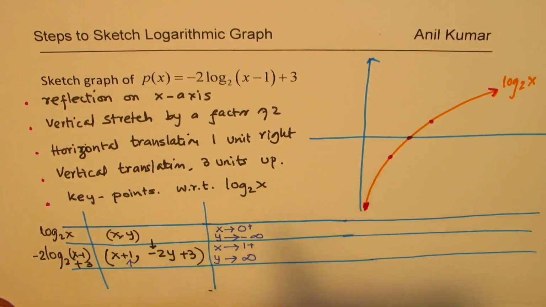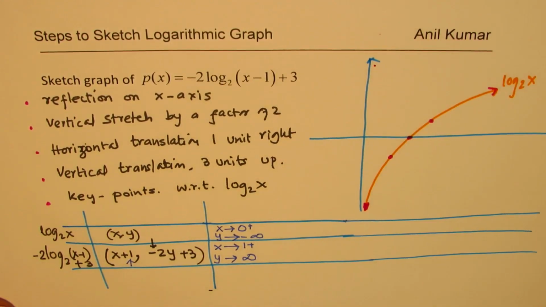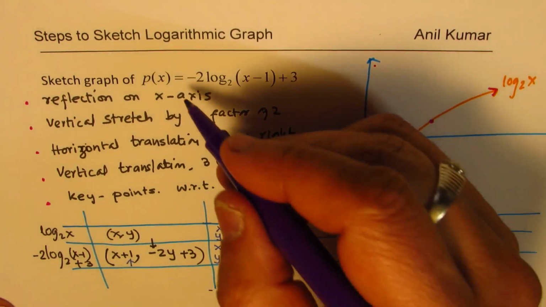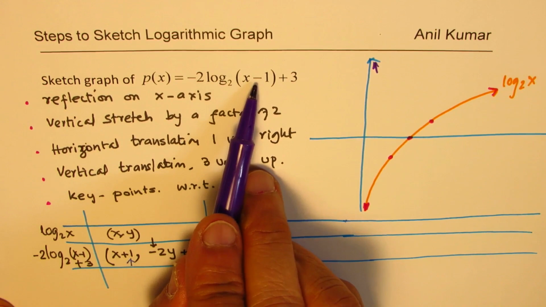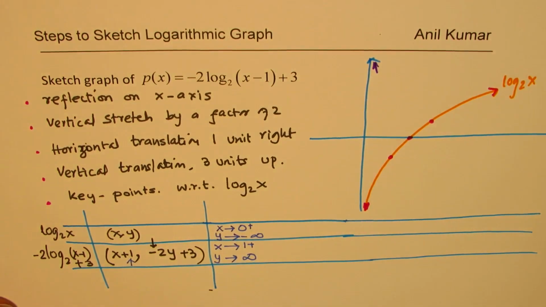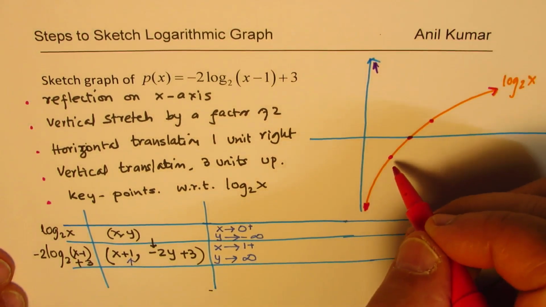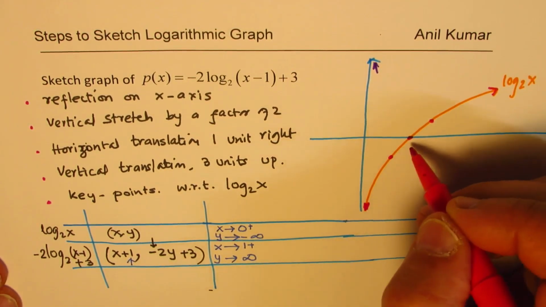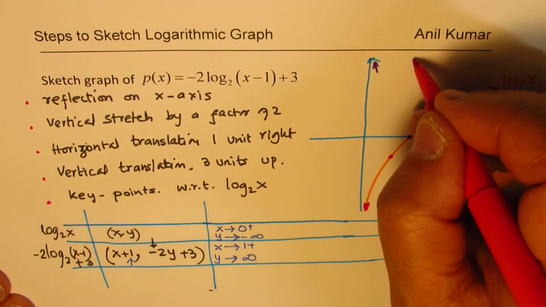See what is happening. When I say minus, this point actually shoots up. That is minus, right? So that minus makes it shoot up, but then you are moving it by 1 unit to the right. That means the vertical asymptote has shifted from the y-axis to a position which is 1 unit to the right, which is practically here. Do you see that?